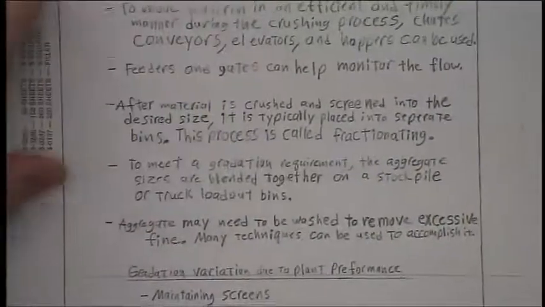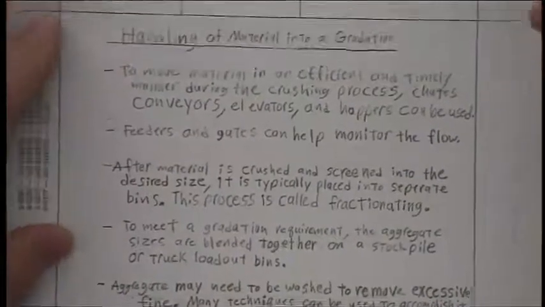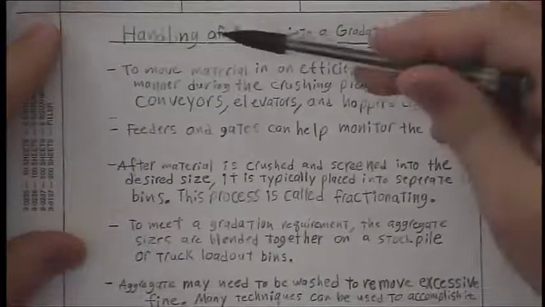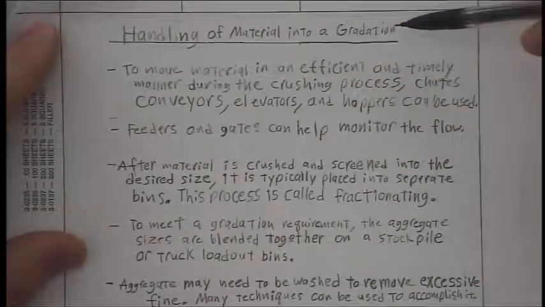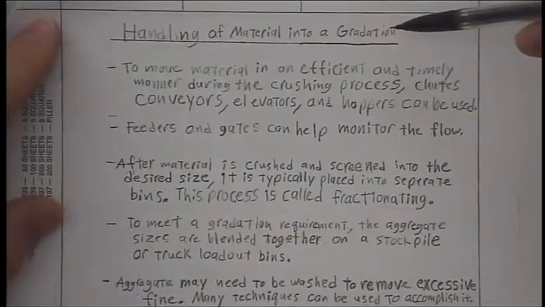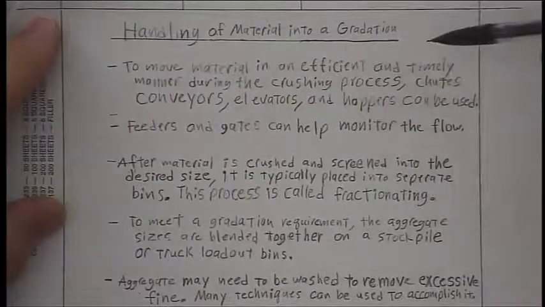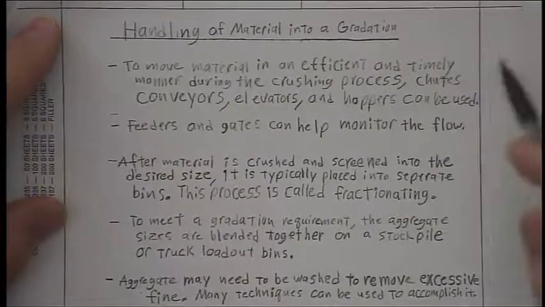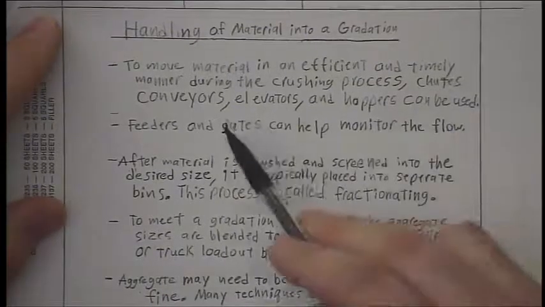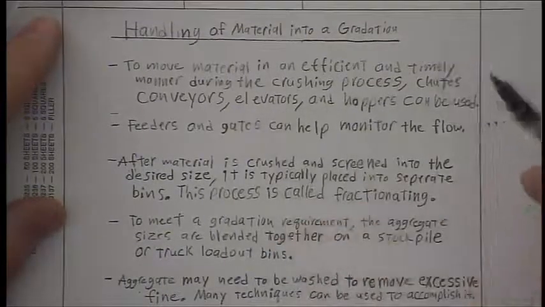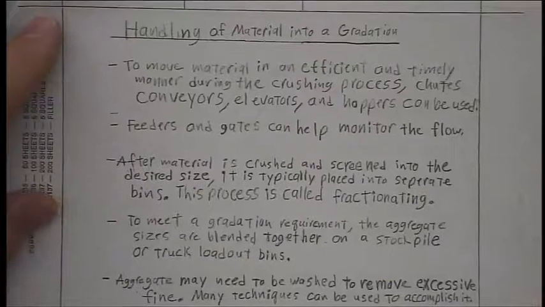Now, after it goes through the bins and gets handled into a gradation, it's real important to move the material in an efficient and timely manner. This can be done, like you've seen, with conveyor belts, chutes, hoppers, a lot of different things.